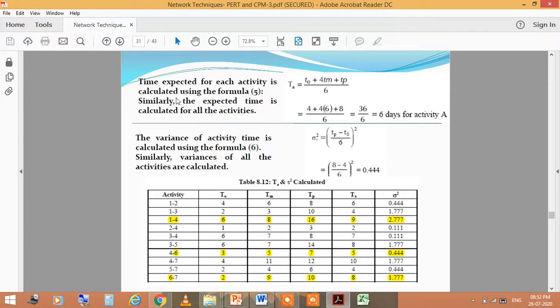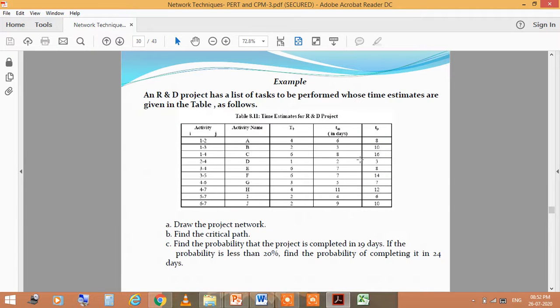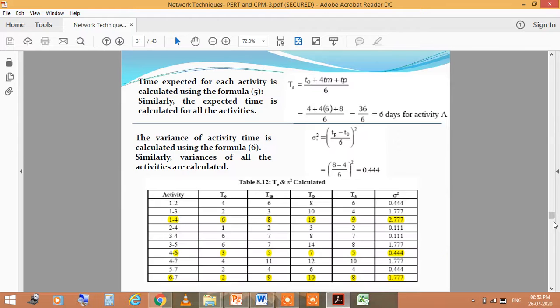Here you see the expected time for each activity is calculated using this formula. Similarly, the expected time is calculated as (4 plus 4 times 4 plus 6) divided by 6. This is already given in the table also, and I took this value from there. So this equals 6 days for activity A. Similarly, the variance of activity time is calculated using the formula.